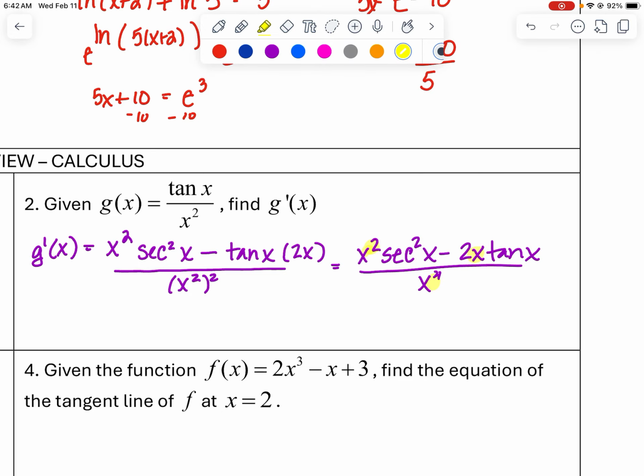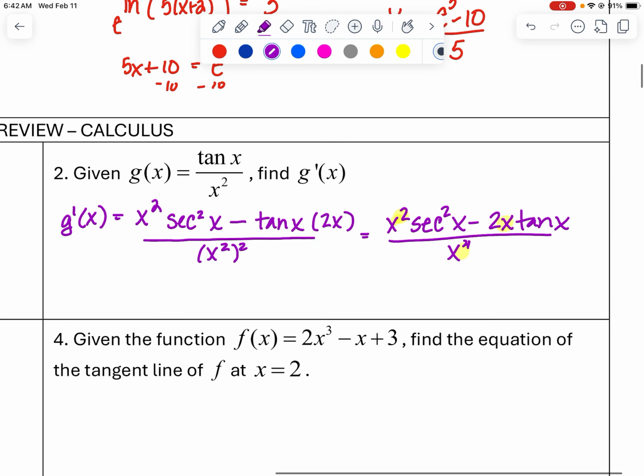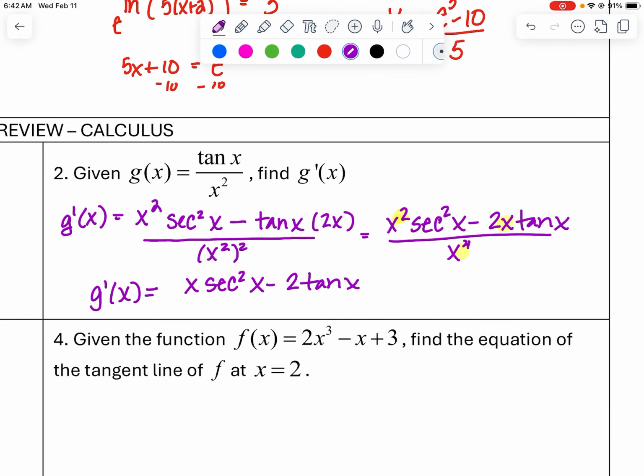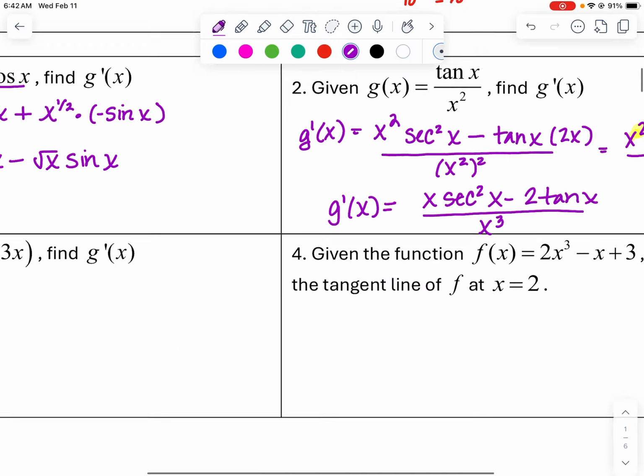And so we can factor out an x on the top and then cancel, or divide out an x, or just take an x out of every term. However you think about that is fine. So g prime of x simplified is x secant squared x minus 2 tangent x divided by x to the 3rd.